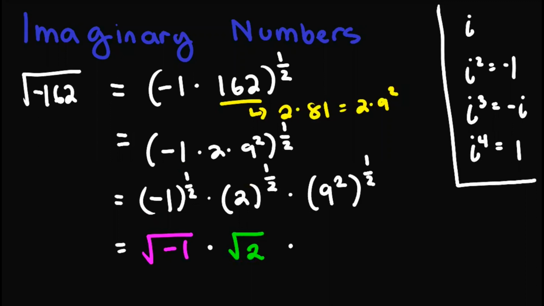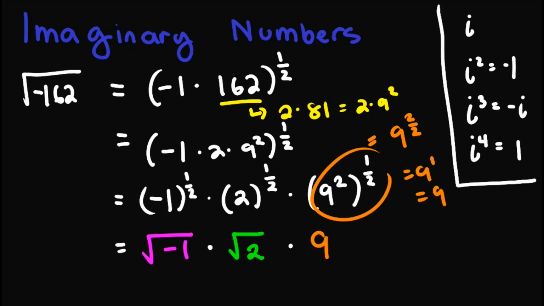And for this one, note that this one out here is equal to 9 raised to 2 over 2, or simply 9 raised to 1, or 9. So this will become 9. Simplifying, square root of negative 1 is equal to i. So we'll have 9 square root of 2 i. That is its simplified form.